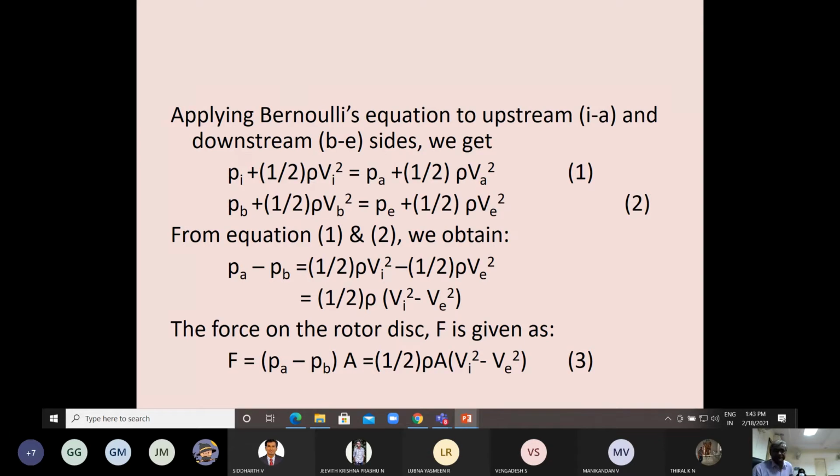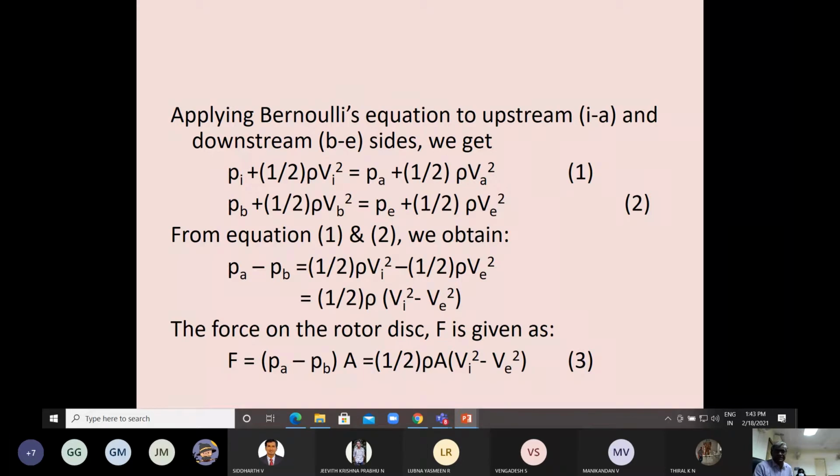Here, the pressure P suffix I, the inlet pressure, plus half rho Vi squared, the kinetic energy term, is equal to P suffix A plus half rho Va squared, where kinetic energy is converted into useful energy.